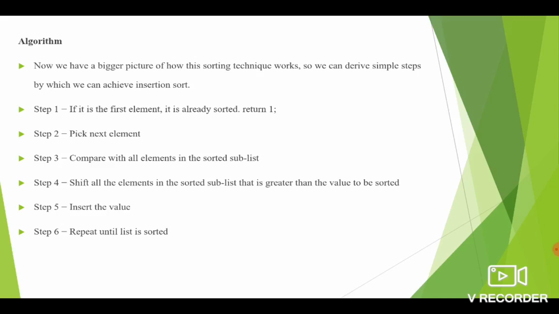This next element is compared with all the elements in the sorted sublist. If needed, you can shift the elements to make the correct position for the new element. Once the new element's position is found, you insert that value in that position. These steps are repeated for the remaining values until the entire list is sorted.